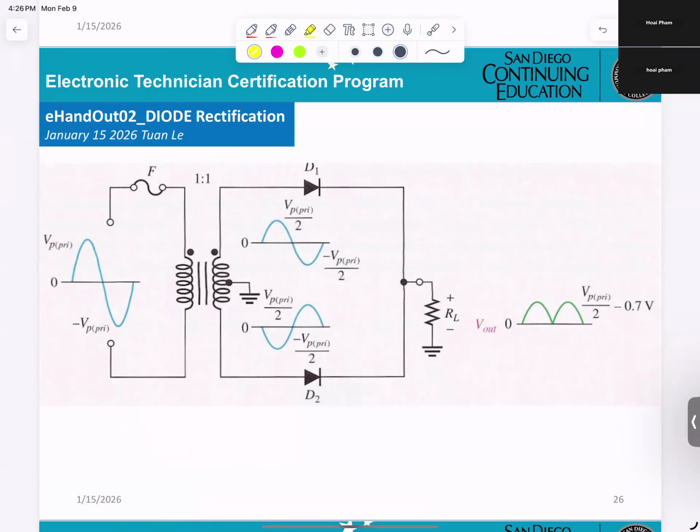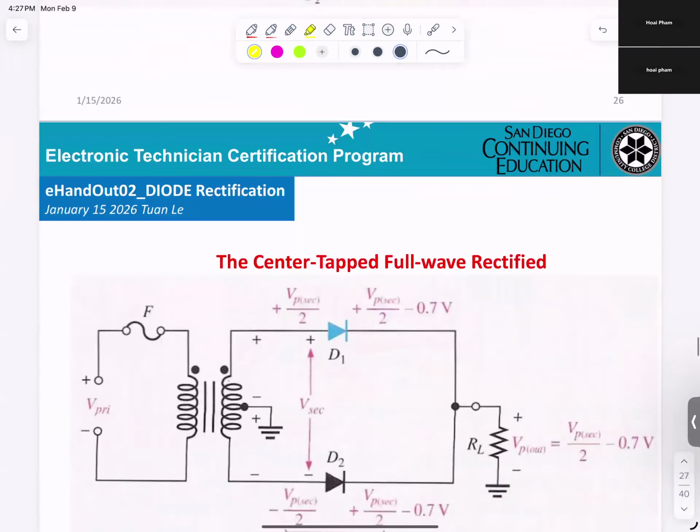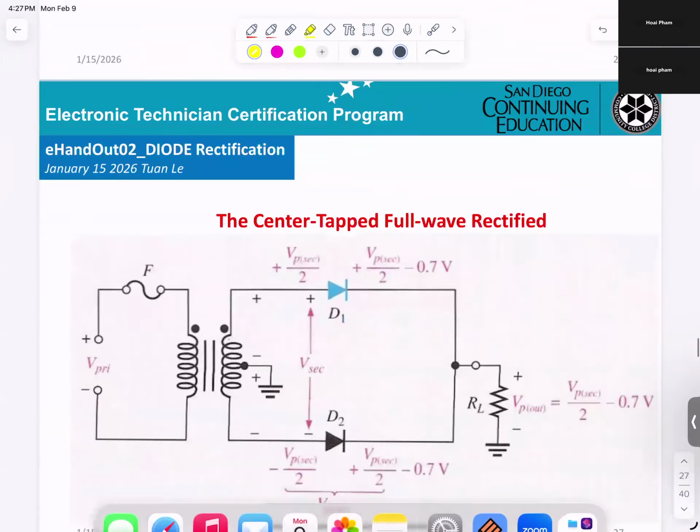They show the full wave rectified: how the first half looks, and how the second half looks. When they go out, they get this signal, and the V peak divided by 2 minus 0.7. Same thing, more detail.